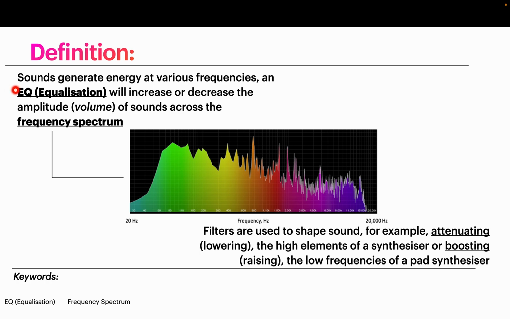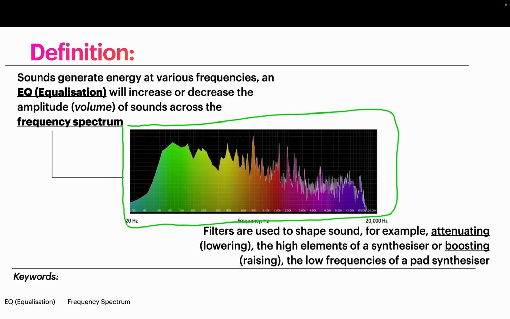What an EQ will do is either increase or decrease those individual frequencies or amplitude of those sounds across what they call a frequency spectrum. This large box here is the frequency spectrum, and it covers all frequencies that humans can hear, from the lower points at 20 hertz up to 20,000 hertz or 20 kilohertz.